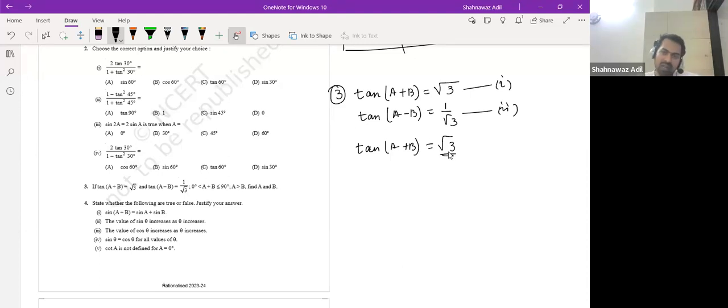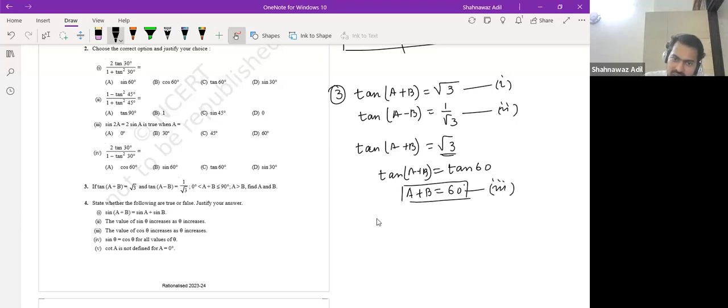For what value of theta is tan theta root 3? Tan 60 degrees. So I can write tan of A plus B as tan of 60, which means that tan cancels and I have A plus B is 60. This is the third equation.